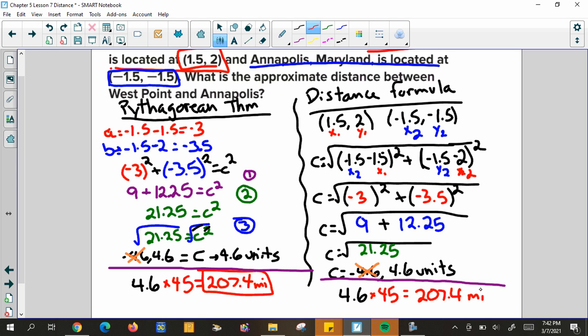So it is just completely up to you which method you prefer for finding the distance. If you need to see how the distance formula works again, please back this up to when I start that so you can see it in full one more time.